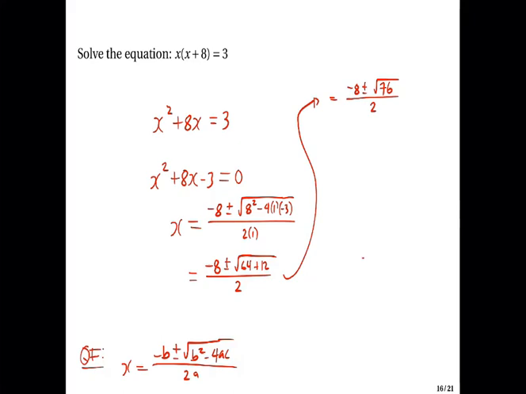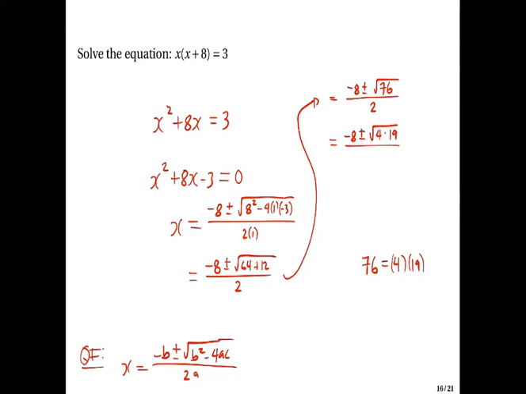76. This is equal to 4 times 19. Okay. And therefore, we have negative 8 plus or minus square root of 4 times 19 all over 2.